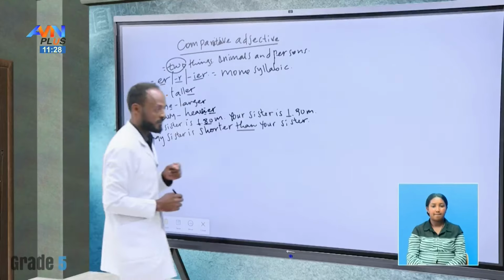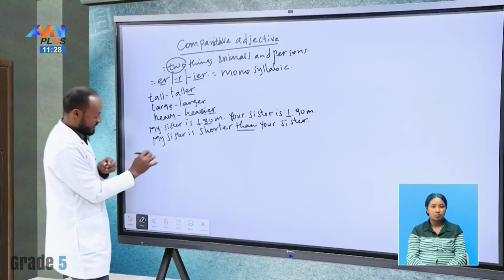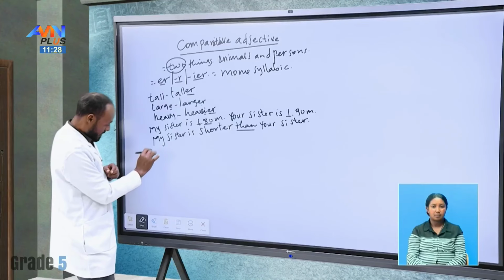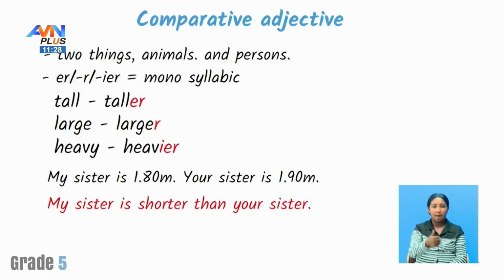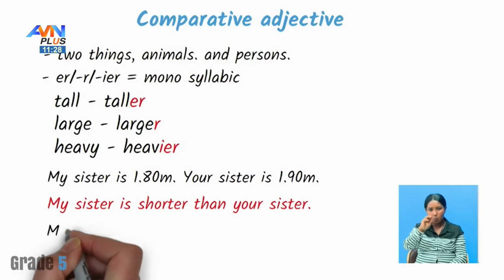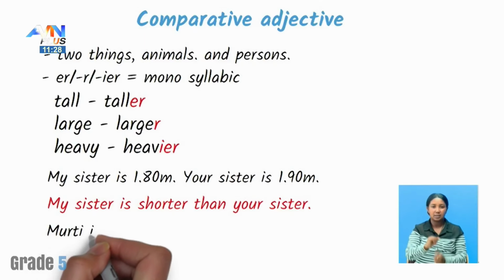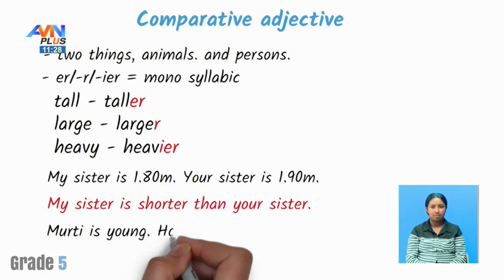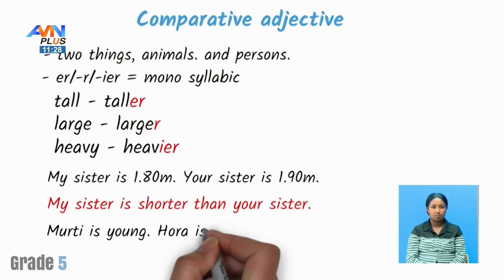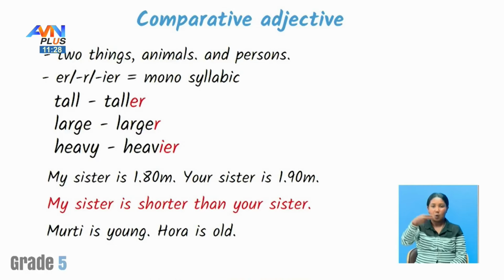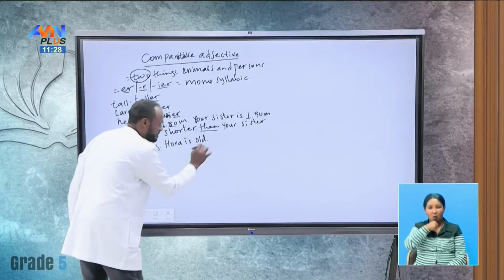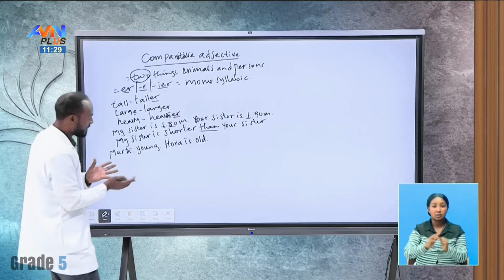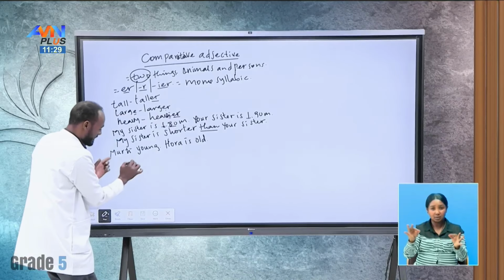Your sister. Murti is young. Hora is old. So when we are comparing this sentence, we can use what?